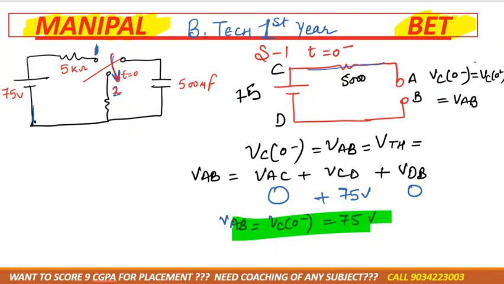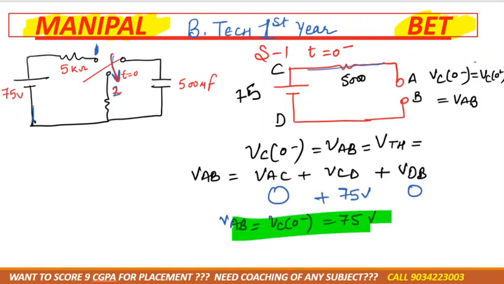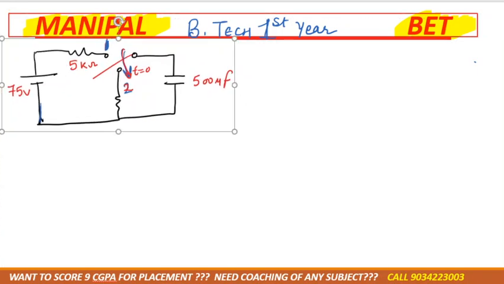Now see the steps. Draw the circuit at t equal to 0 minus. If there is a capacitor, you need to open circuit it, and for that you need to calculate VC of 0 minus, correct? Now do step number 2 and show me. Step number 2, draw the circuit at t equal to infinity.